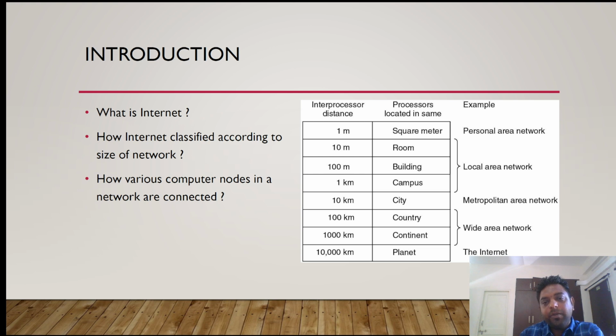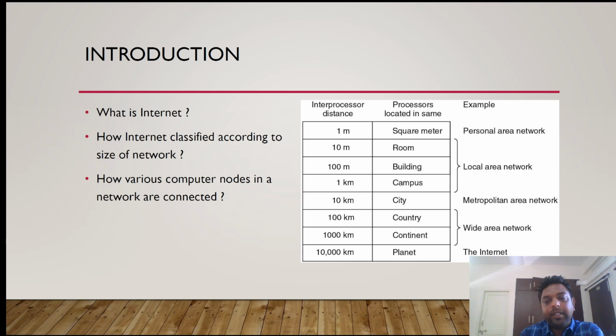When two or more nodes are separated by a distance of about 1 meter, we call it a personal area network, PAN. When the distance between two nodes is between 10 meters and 1 kilometer, we call it LAN, that is, local area network. When the range increases up to 10 kilometers, we call it MAN, that is, metropolitan area network.